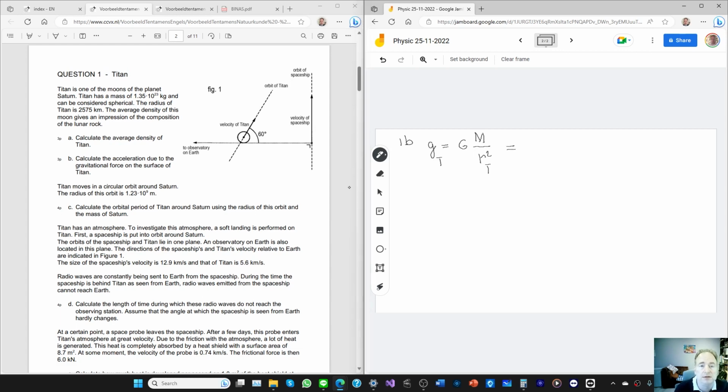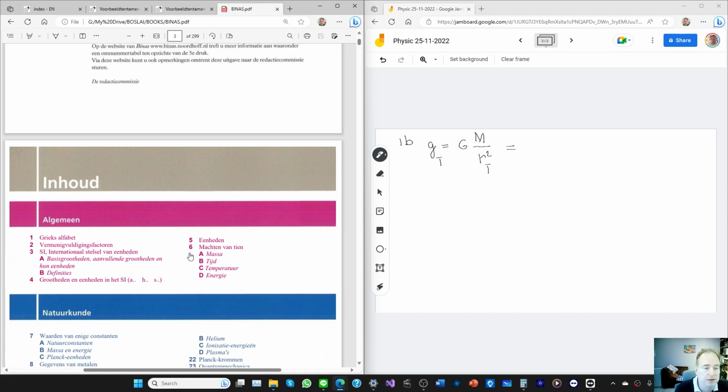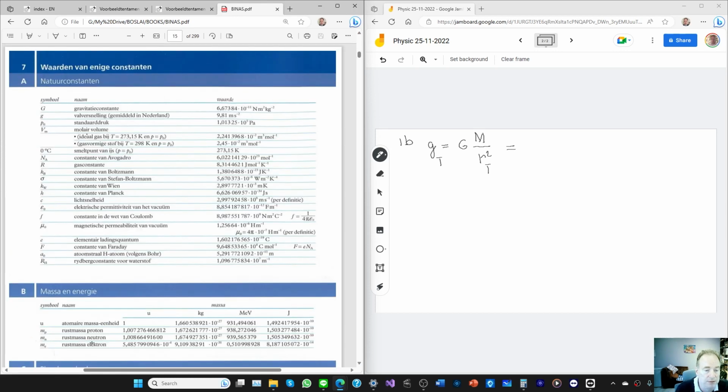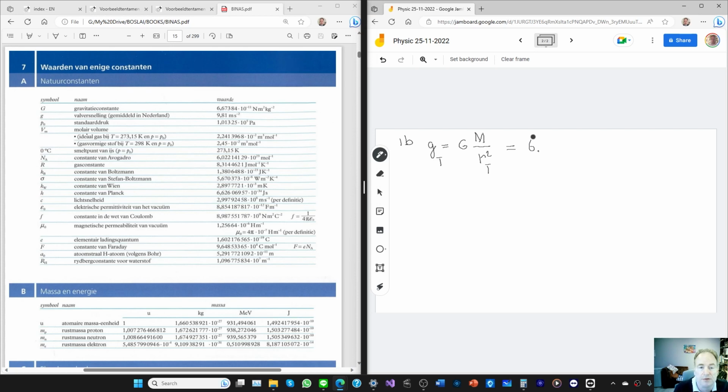So the gravitational constant should be in the Binas under Natuurkonstante. Let's keep 4 significant digits here. 6.674 times 10 to the power minus 11.